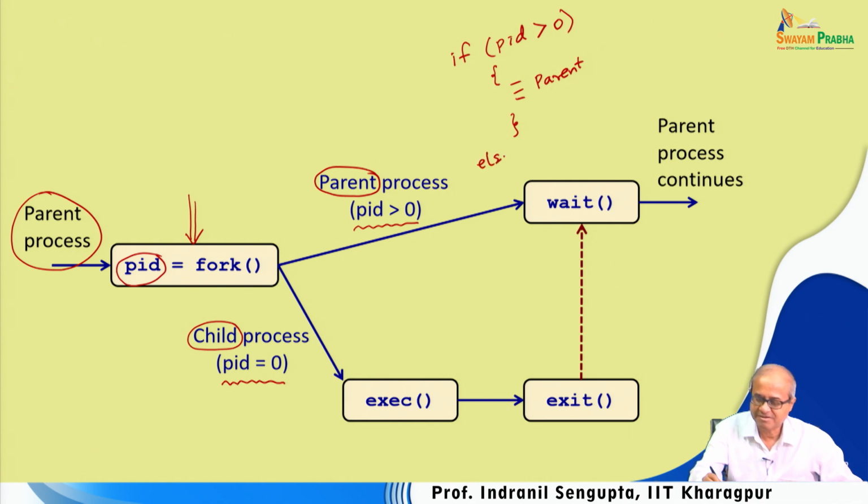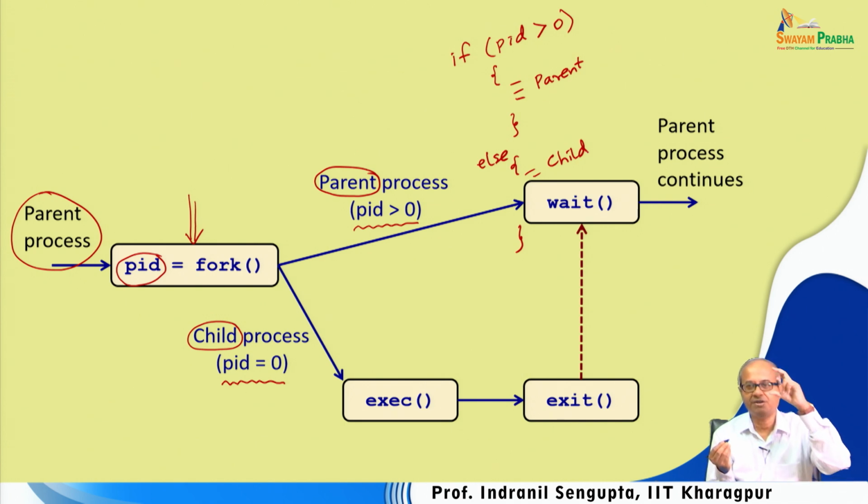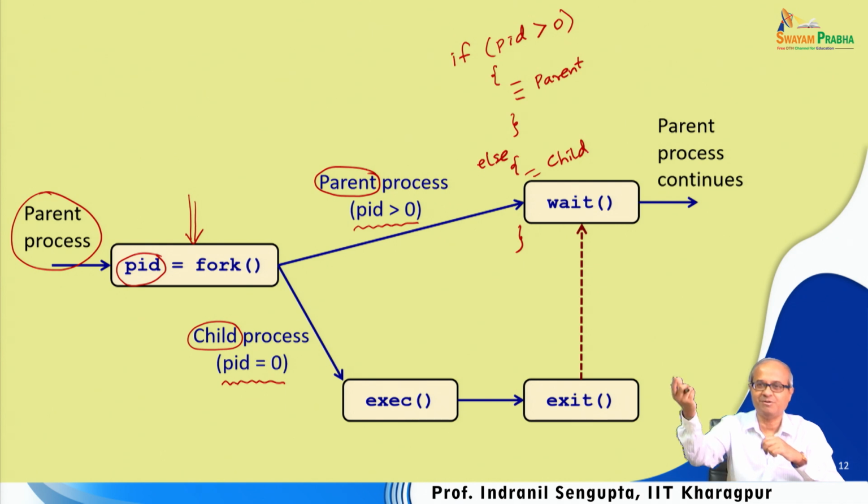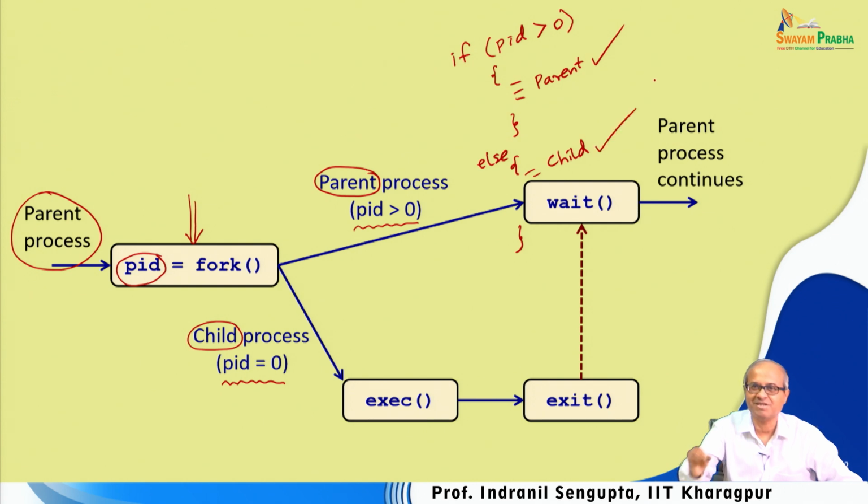Else you again write some code, this will be your child process. So, by checking the PID, you can write two segments of code in the same program. One of them will correspond to the parent, one of them to the child. So, both the parent and child will not be executing the same code. One of them will be executing this part, one of them will be executing this part.